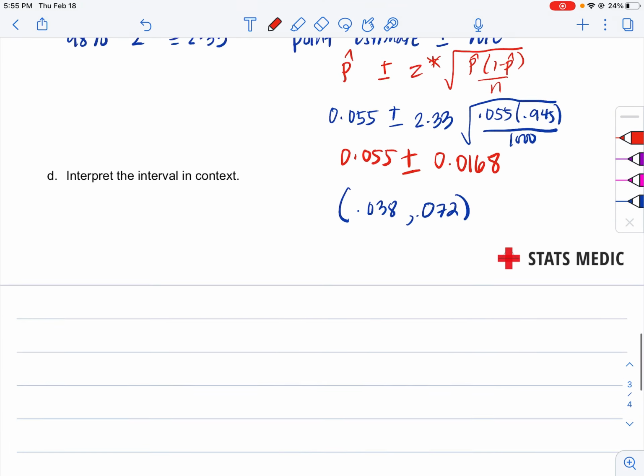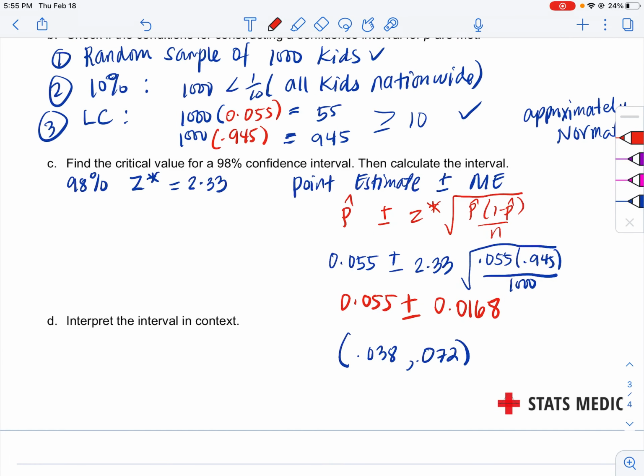And then, of course, we have to interpret our interval in context.